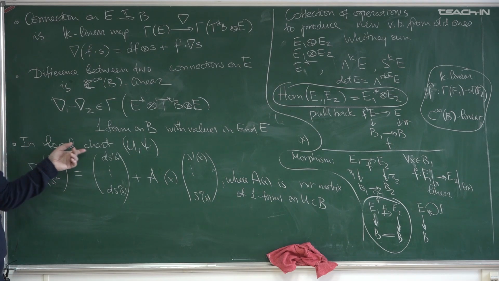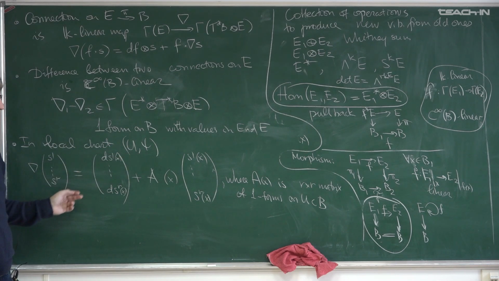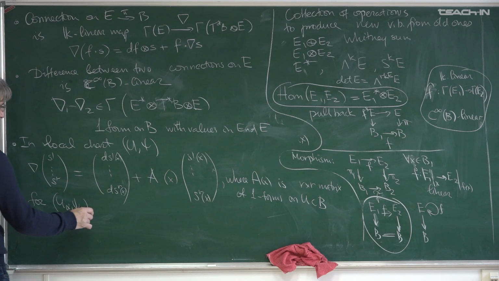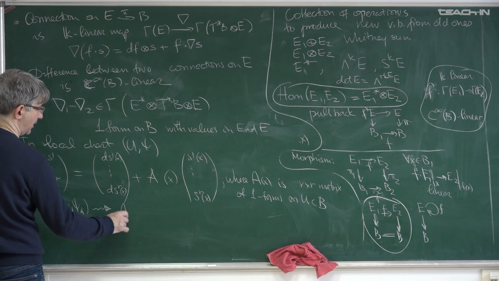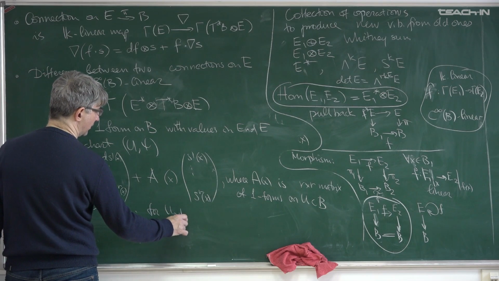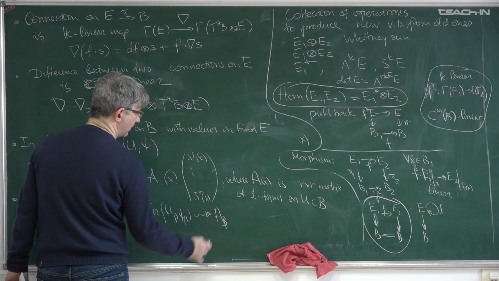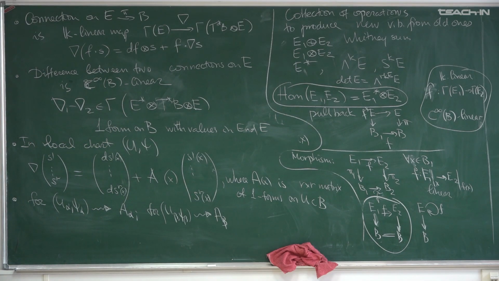So if I speak about a local chart, I need to specify an open set and a trivialization, then I can write this thing. What happens on the intersection? For U alpha, psi alpha, we obtain matrix A alpha. For U beta, psi beta, we obtain matrix A beta. What is the relation of one to the other? So we obtained a formula for A beta in terms of A alpha and the gluing cocycle.